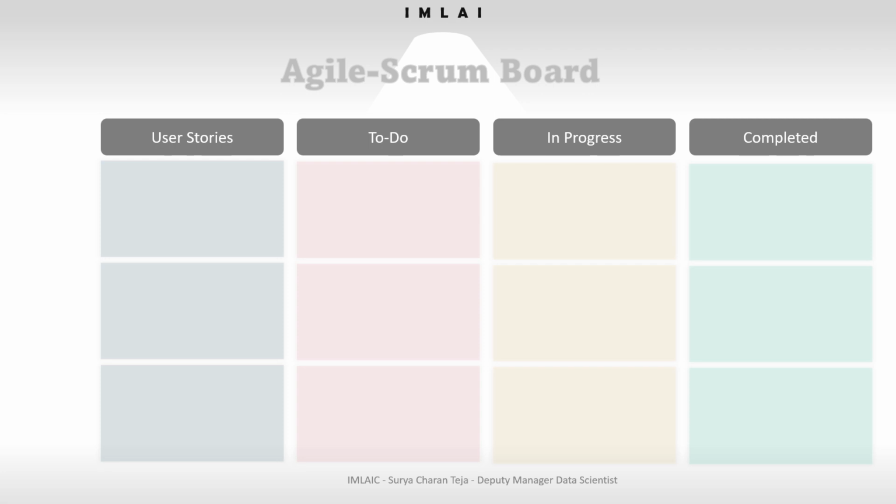Rather, it's experienced by adapting to the changing conditions and user requirements. Of course, Scrum is the most widely used framework in putting Agile principles into action, and a Scrum board is widely used in Agile methodology.